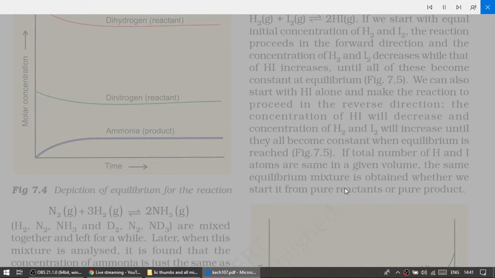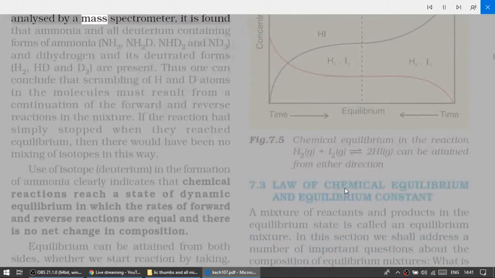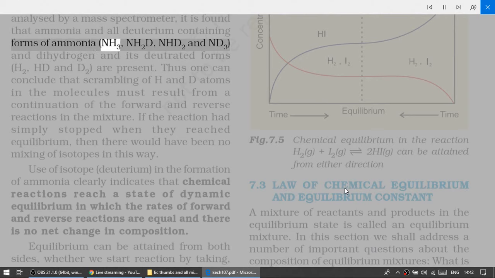However, when this mixture is analyzed by a mass spectrometer, it is found that ammonia and all deuterium-containing forms of ammonia, NH3, NH2D, NHD2 and ND3, and the hydrogen and its deuterated forms, H2, HD and D2, are present. Thus one can conclude that scrambling of H and D atoms in the molecules must result from a continuation of the forward and reverse reactions in the mixture.